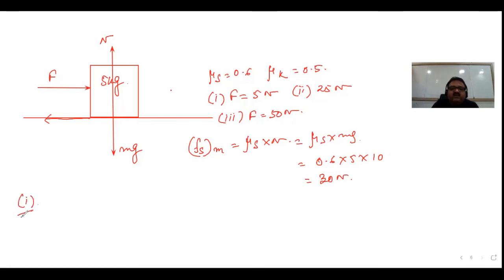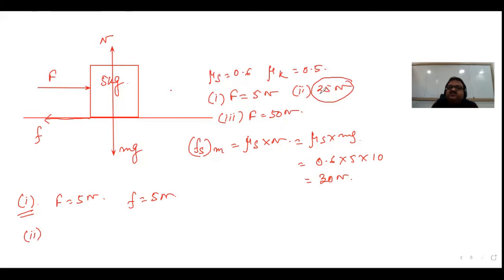Now, one by one. If F equal to 5 Newton, that means the applied force is much below the level of limiting friction, correct? And what we know, the static friction is self-adjustable up to the limiting value. So in this case, what will happen? The force of friction will be 5 Newton only, in the opposite direction. Now, if I consider the second case, that is 25 Newton.